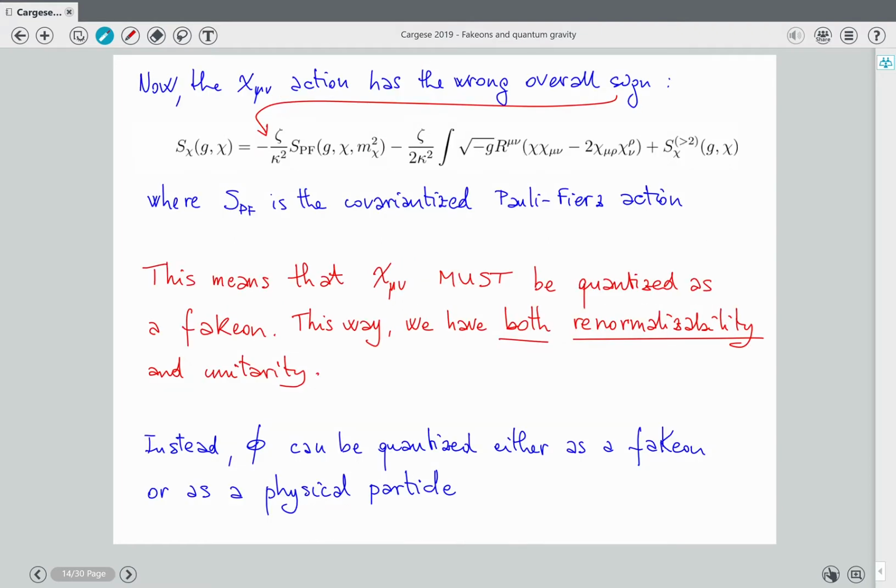There is a spin 2 massive field, which has a kinetic term, a covariantized Pauli field Lagrangian, with the wrong sign. That spin 2 must be quantized as a fakeon. This way we will have both renormalizability and unitarity.